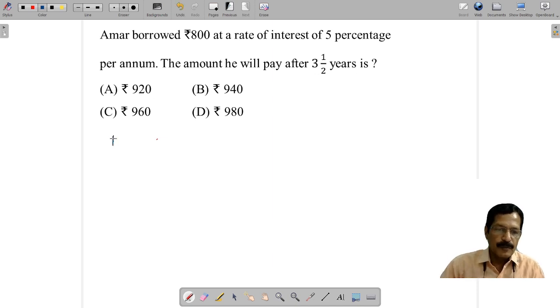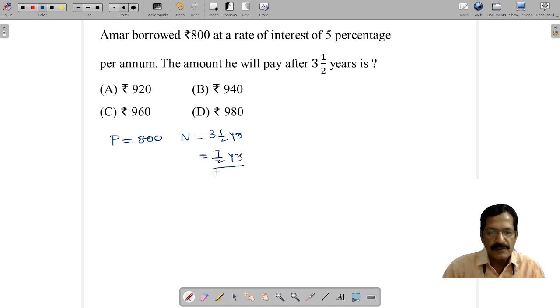The principal is equal to 800. The number of years is 3 1 by 2 years, which is 7 by 2 years. We have to change the mixed fraction to an improper fraction. The rate is given as 5%.